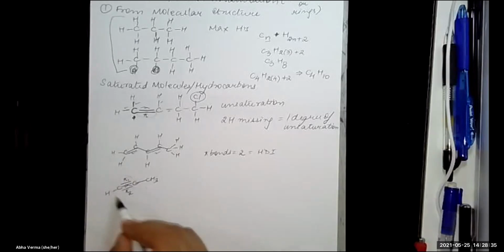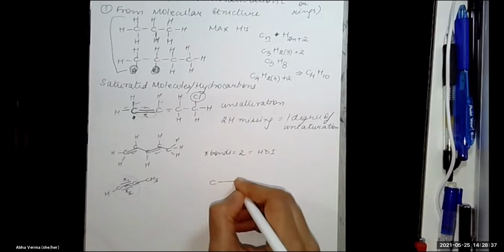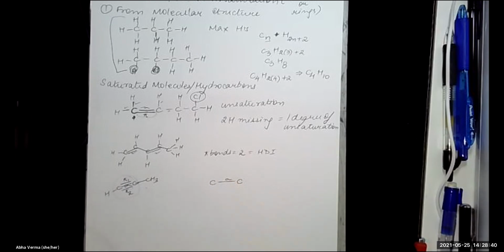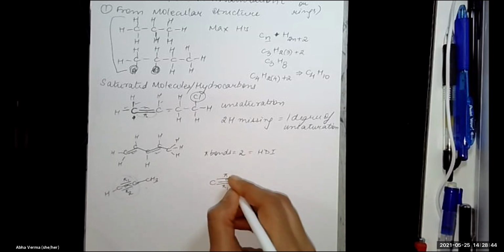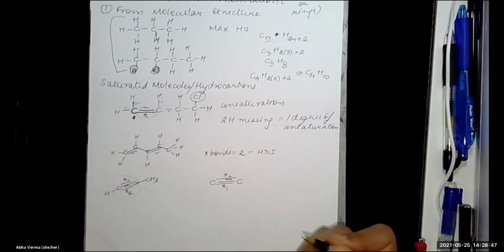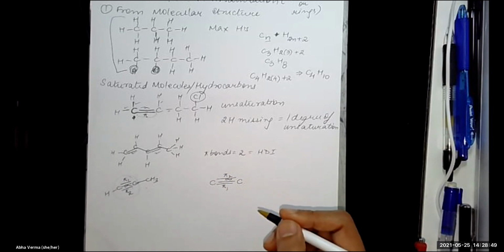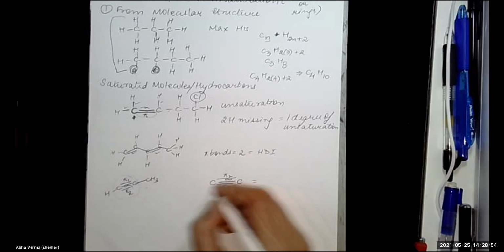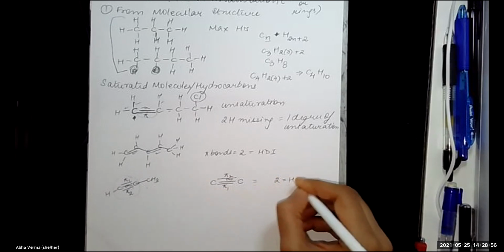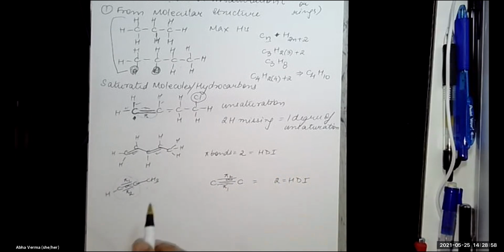How many pi bonds do I have in this example? Still 2. In a triple bond, the first bond that forms is the sigma bond. The second bond that forms is also a pi bond. The third bond that forms is also a pi bond. So whenever multiple bonds are forming, you will count their pi electrons.